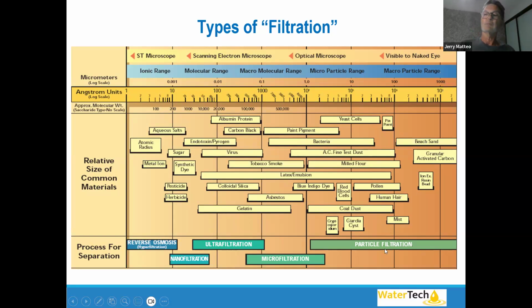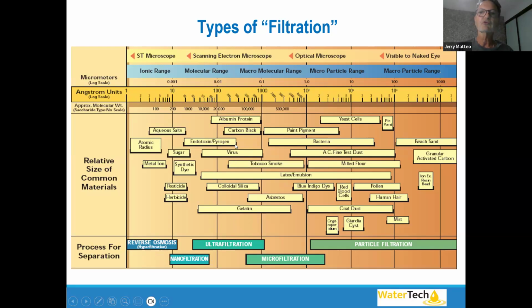Most of you, if you work in wastewater or surface water and potable water, are familiar with particle filtration. A typical example would be a multimedia filter. As we move to the left down here, we get into finer and finer types of separation or filtration. Way over to the left is reverse osmosis. Another one you've probably heard of is ultrafiltration.